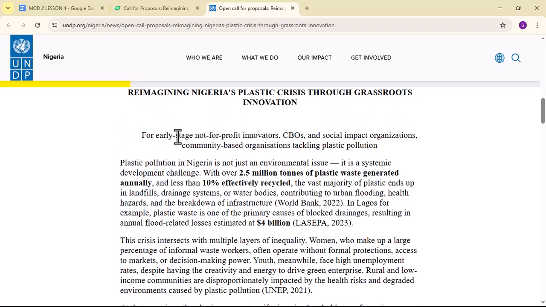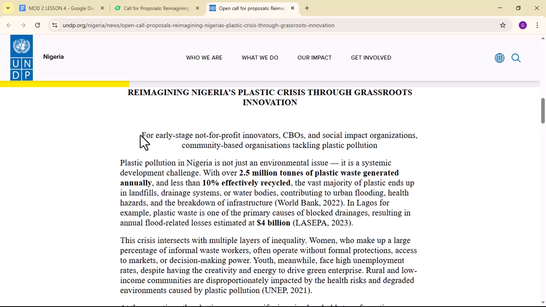So now for this call for proposal, the eligible applicants are early stage non-profit innovators, community-based organizations, and social impact organizations, community-based organizations tackling plastic pollution.